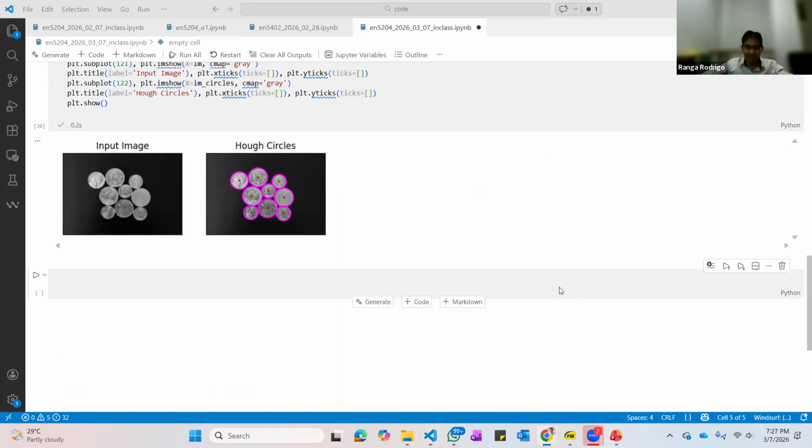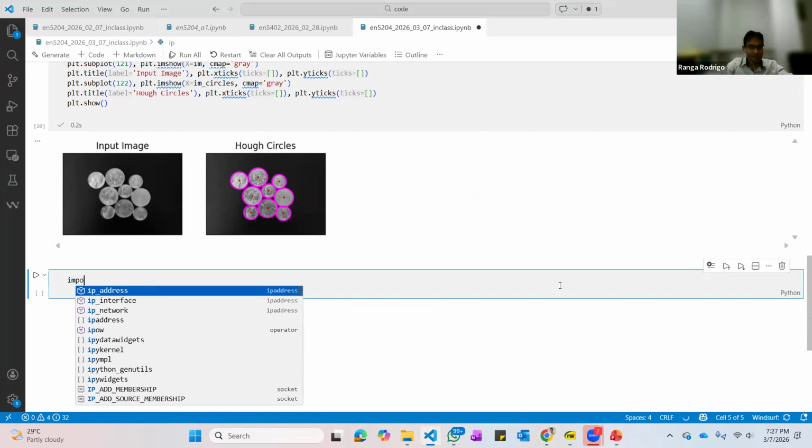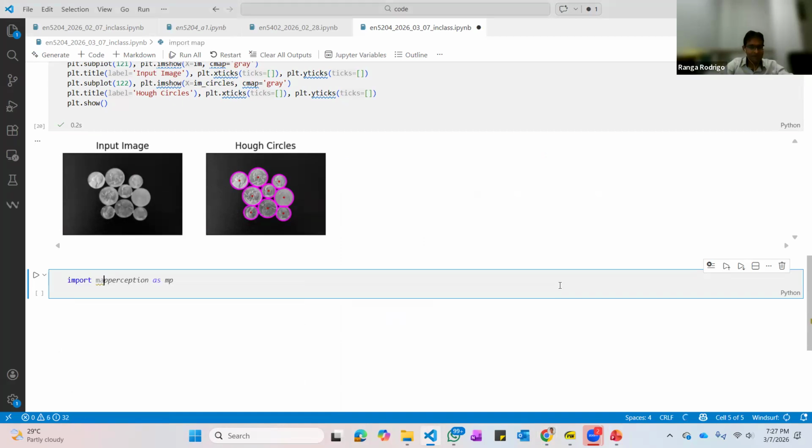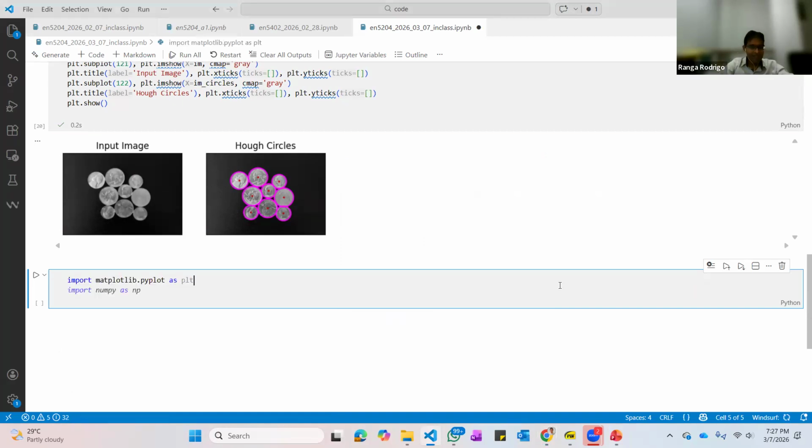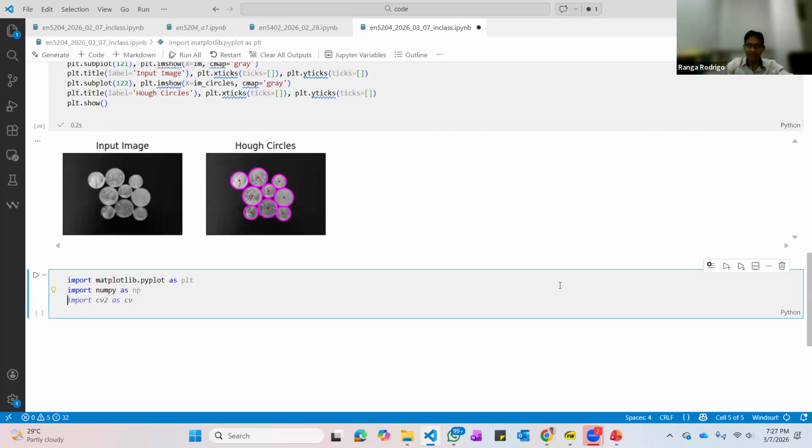I will do a little bit of coding so that you can see them affected. So import matplotlib.pyplot as plt and numpy. That's enough for us.